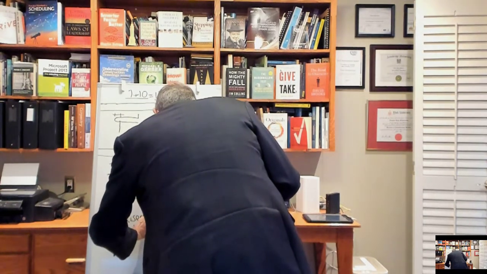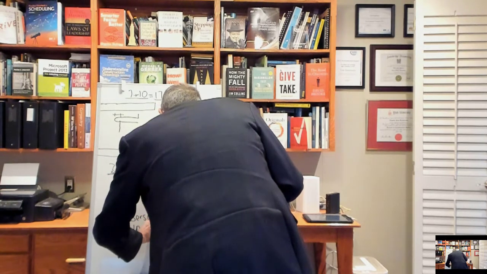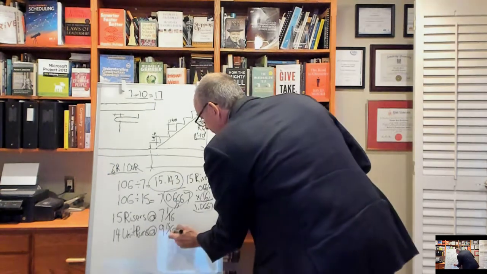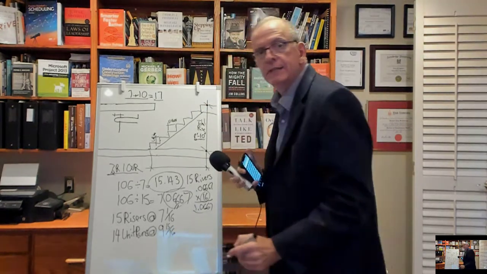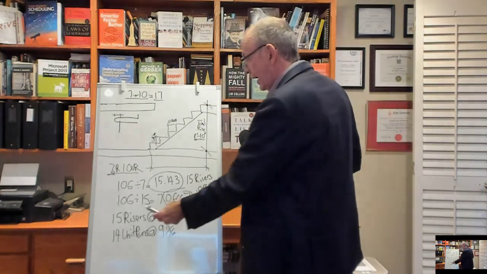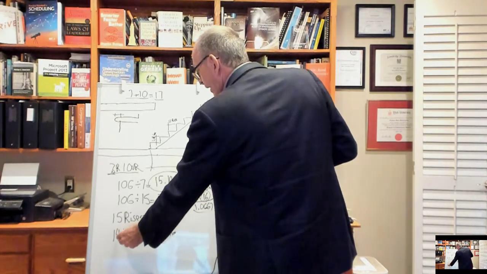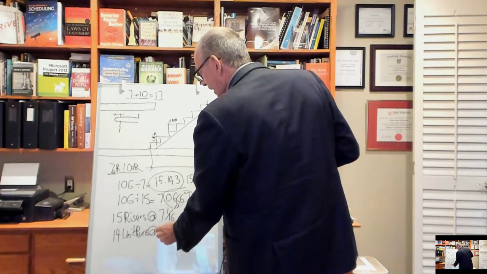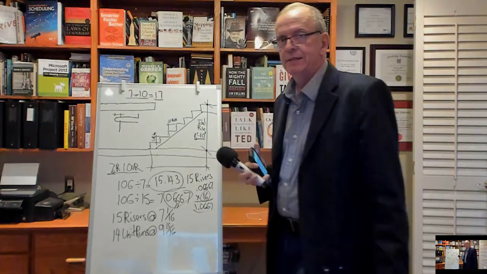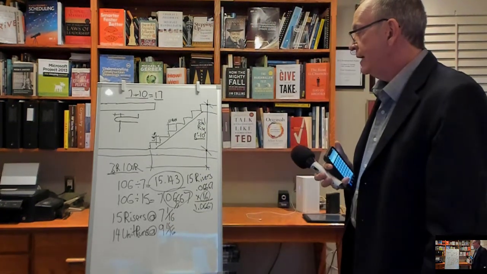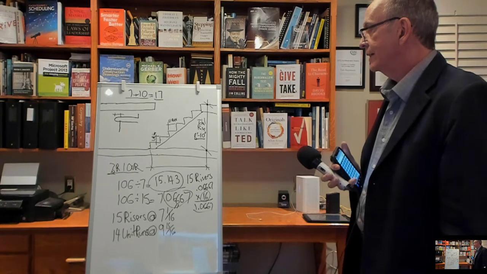Okay, and then I'm going to say 9 15/16 of an inch. So if I have 15 risers at 7 1/16, then I have 14 unit runs at 9 15/16.